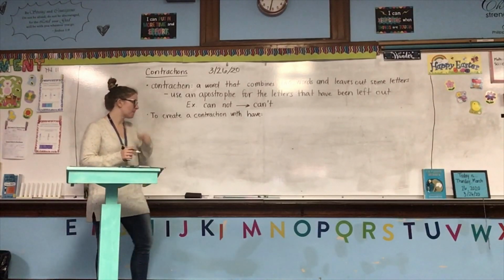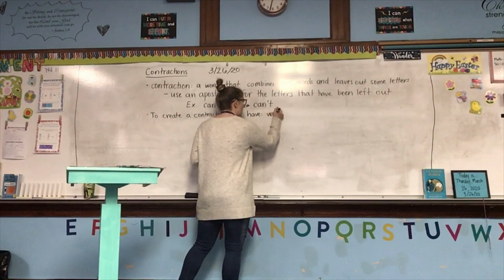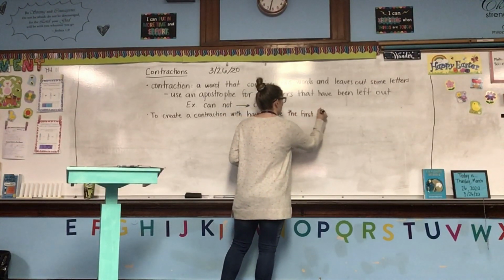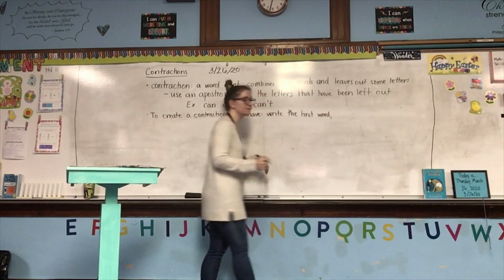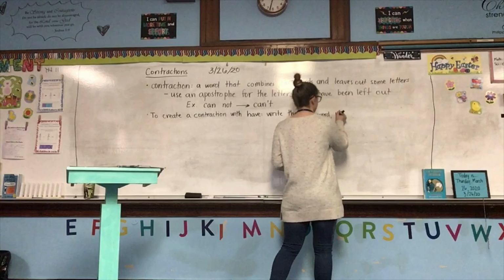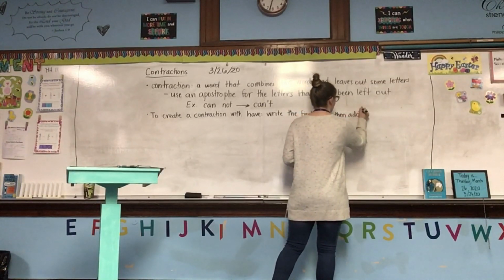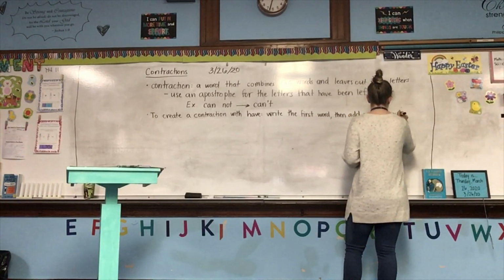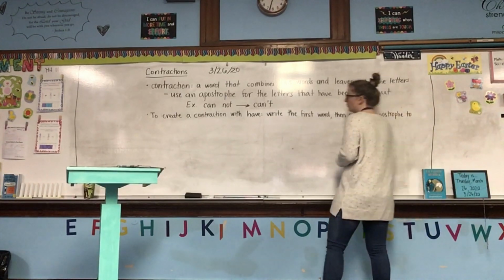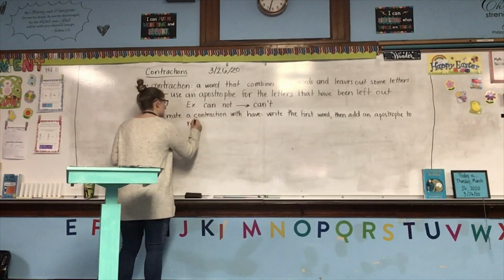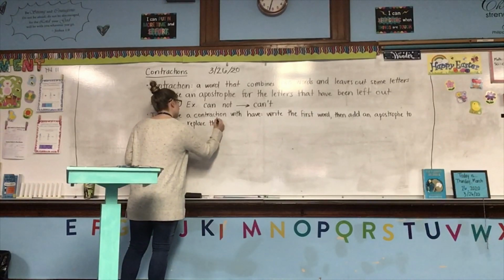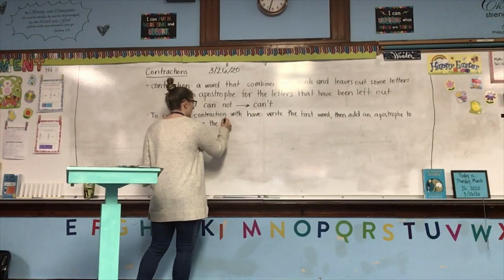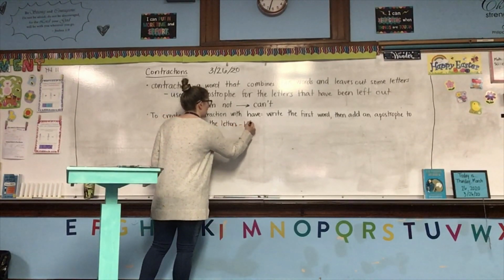And to do that, you write the first word, whatever it is, then add an apostrophe to replace the letters HA.